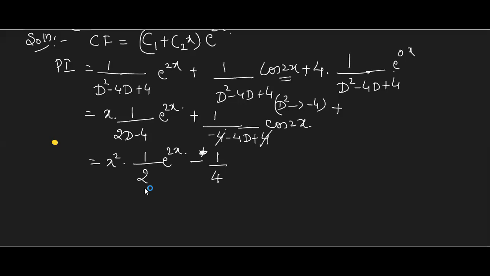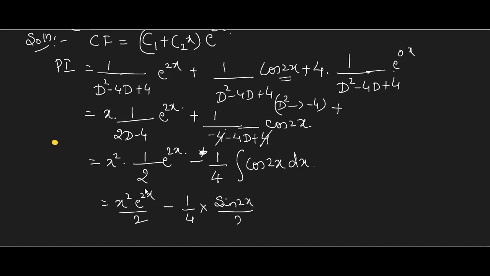What is 1 by d? 1 by d means integration of cos 2x with respect to x. What is the integration of cos? Sine 2x by 2. Very good. Done. So this term is also simplified.